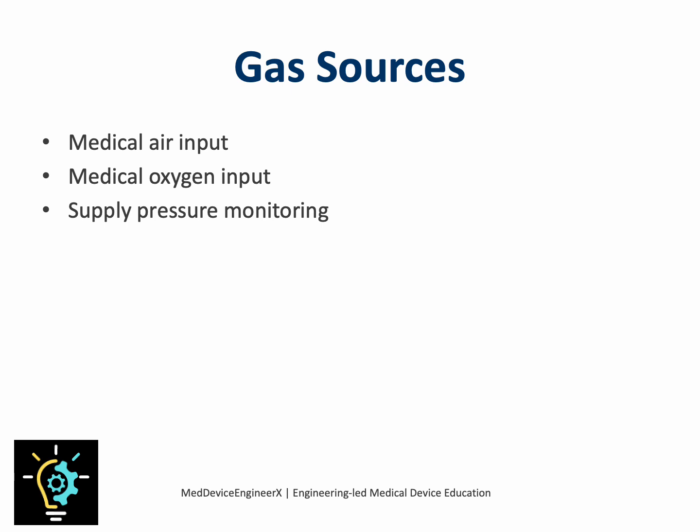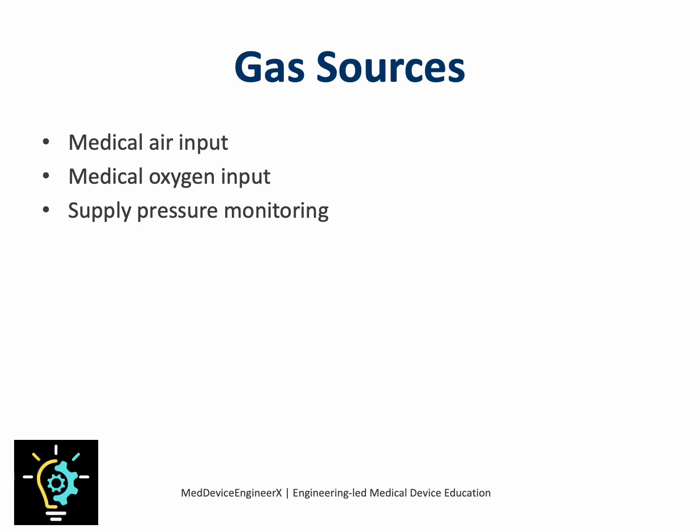The PB980 receives gas from two primary sources: medical air and medical oxygen. These gases are supplied from the hospital pipeline or perhaps cylinders and enter the ventilator through dedicated inlets. Each gas source is continuously monitored for pressure and availability.